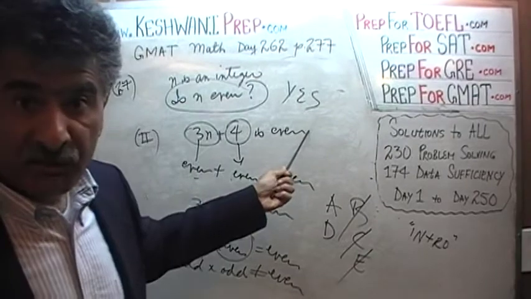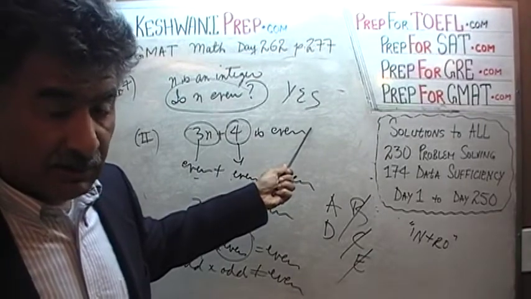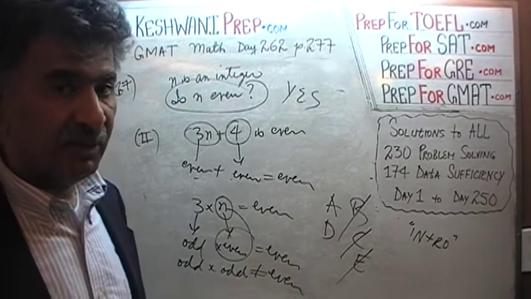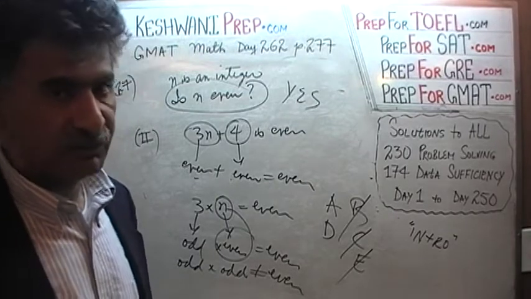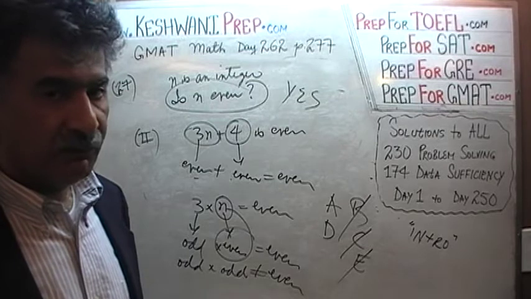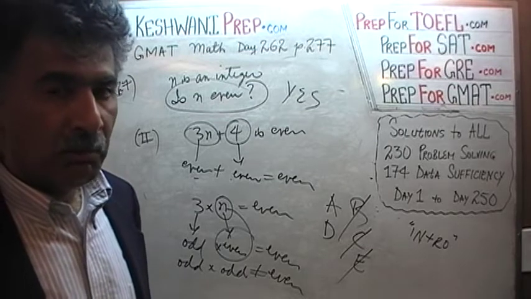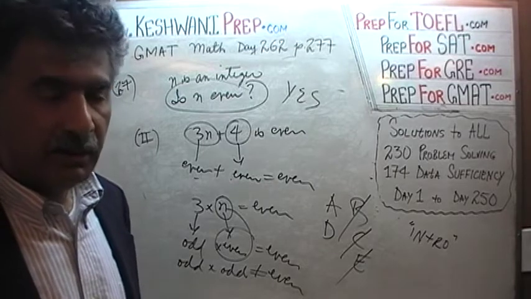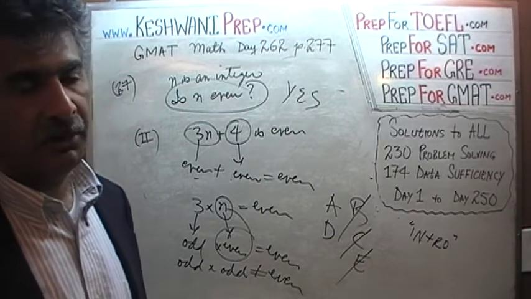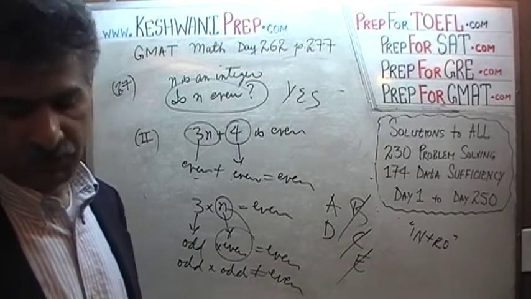Notice the answer turned out to be the same. If the answer turned out to be yes based on the information given in the first statement, and it turns out that your answer is no based on the information given in the second statement, then something has gone wrong. They never, ever contradict each other. Do you understand?